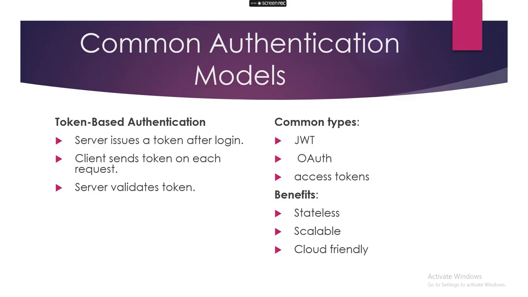It is that token that is used to authenticate the request, saying that this request is coming from a trusted source and has this role or access. So the server validates the token. Common types of token-based authentication are JWT, very widely used, OAuth, also very widely used, and access tokens.